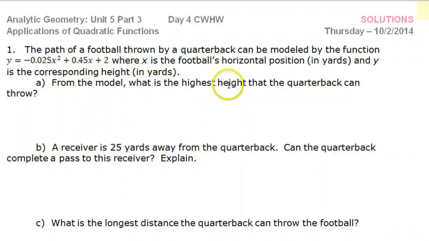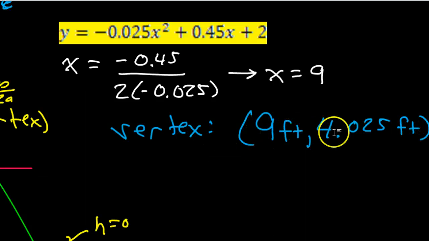Alright, so from the model, what is the highest height that the quarterback can throw? So which one of these numbers represents the highest height that the quarterback can throw? It's the second number. Remember, the second number, it's the y value that is the height.